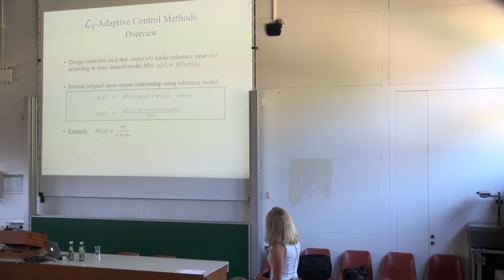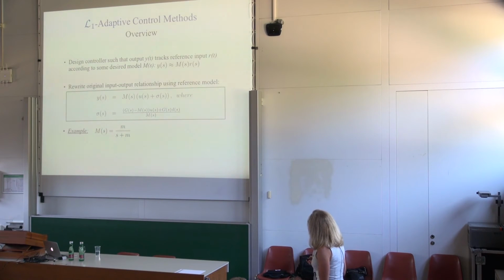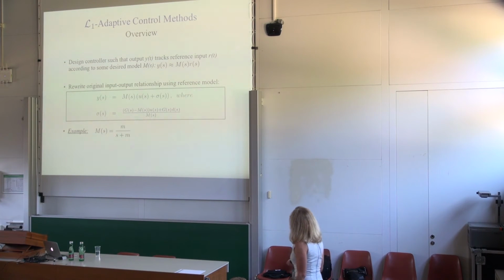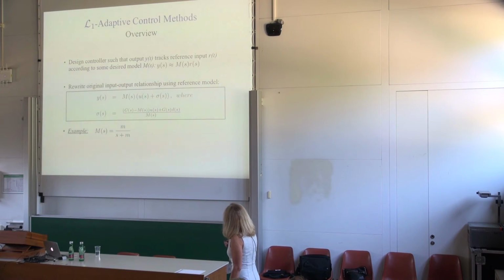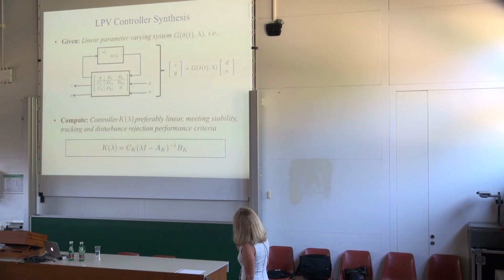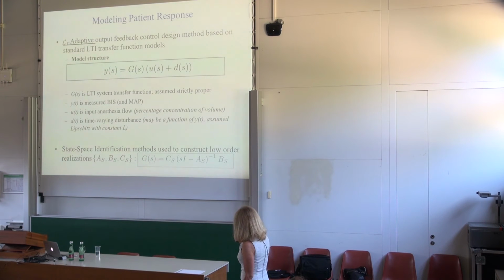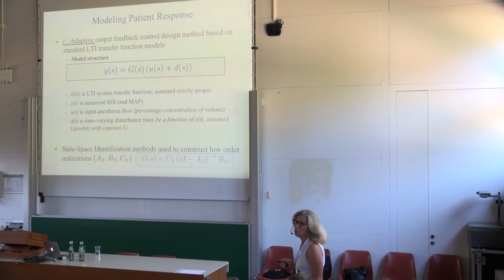So we say, okay, let's suppose then that we can look at our original input-output relationship for our system. And as you recall, this was the system model that we're using for the adaptive control design. So just the basic LTI model where we assume we have an input and disturbance.